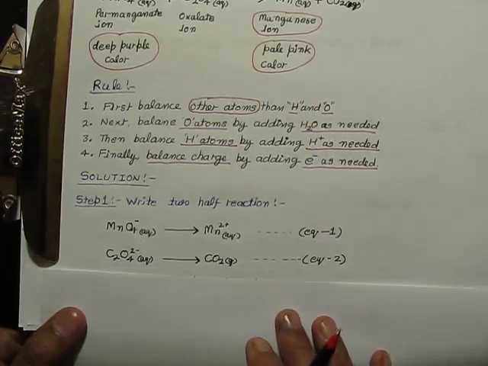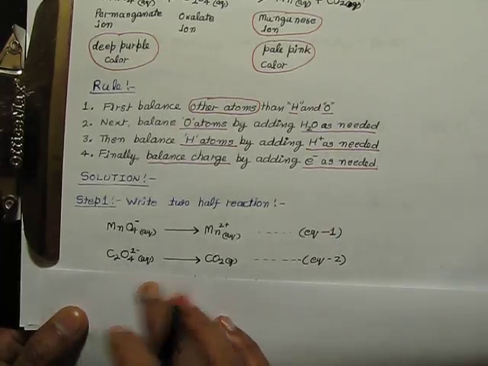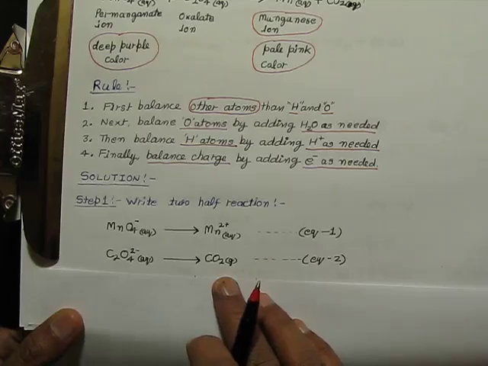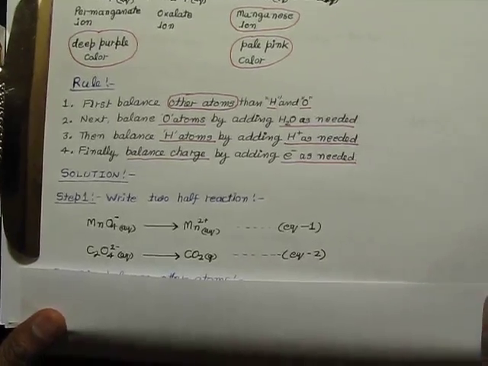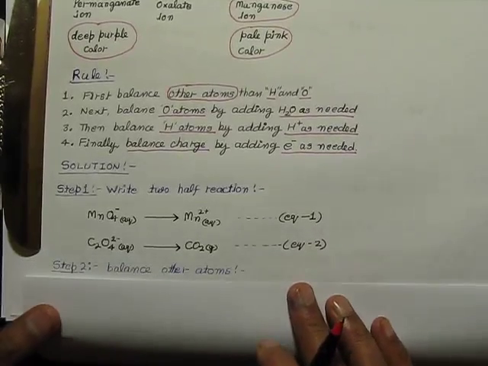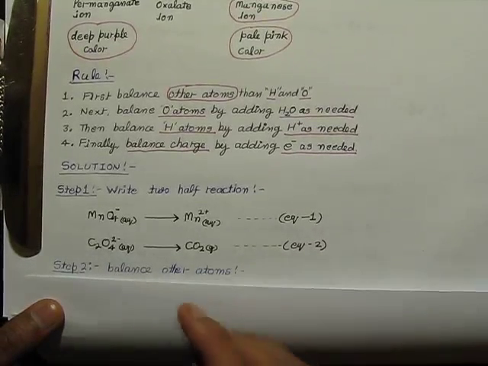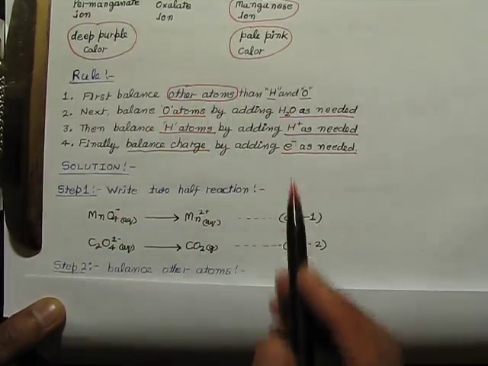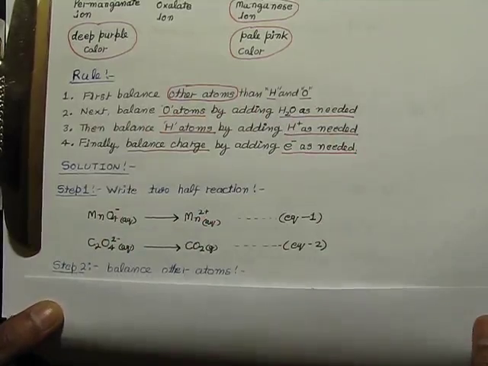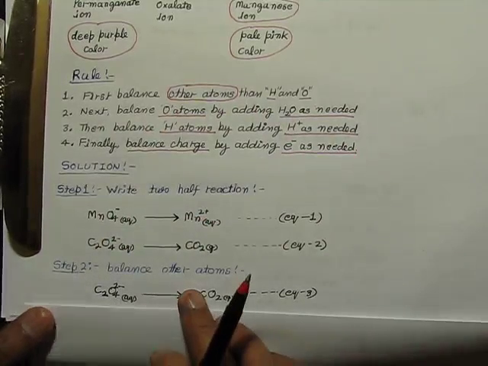Then the second half reaction will be oxalate ion converting into carbon dioxide gas, and let's give this equation number 2. Then, as per our rule, we have to balance other atoms first, and then oxygen and hydrogen.